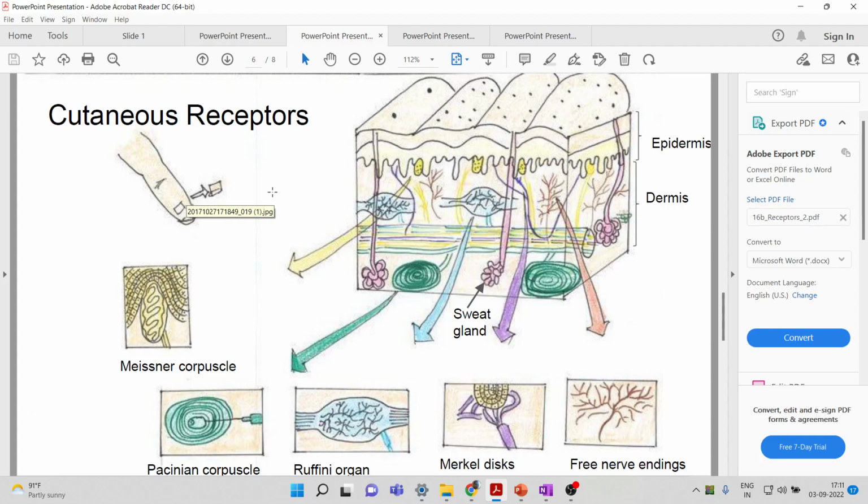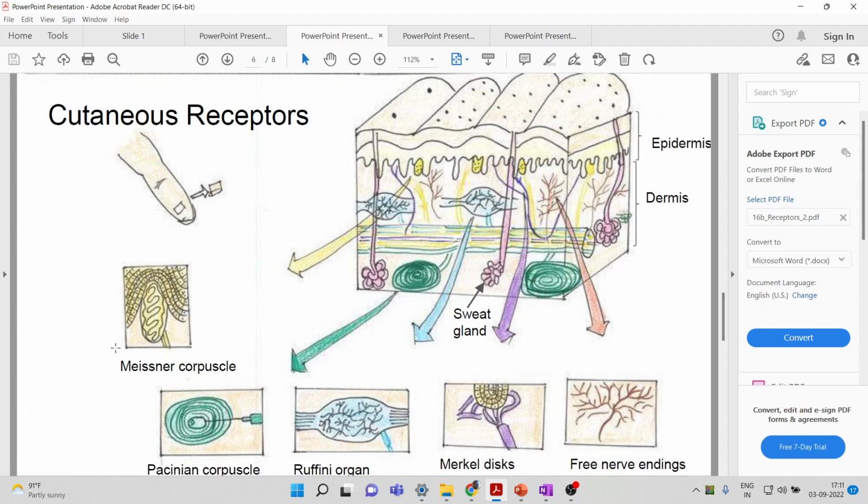So we have nociceptors, which is for pain. Then we have mechanoreceptors, which is to sense haptic feedback. For example, we can sense pressure, vibrations, and all that using mechanoreceptors. Then we have temperature sensors, thermoreceptors in the skin.